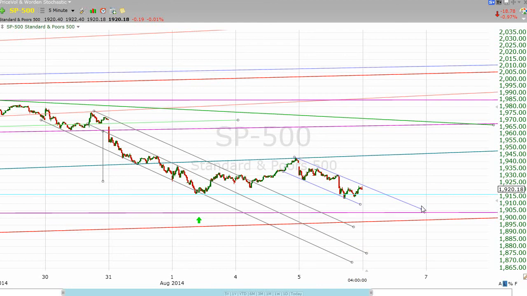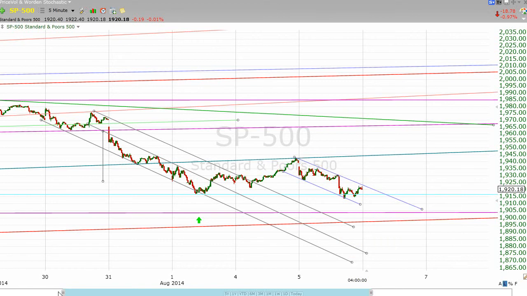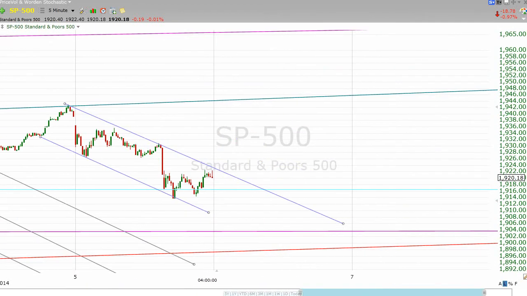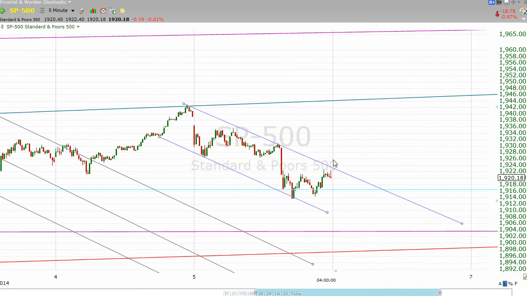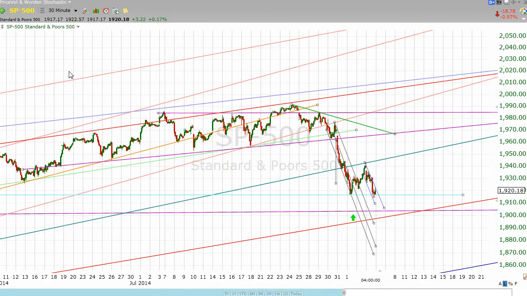This blue resistance line right here is not going to last very long. Now, if I zoom in and look at it like this and say this blue line is not going to last very long, you might say, well, I don't know, it could. But let me tell you why I'm saying that. When we zoom out and look at a 30-minute chart, look how steep that's going down.